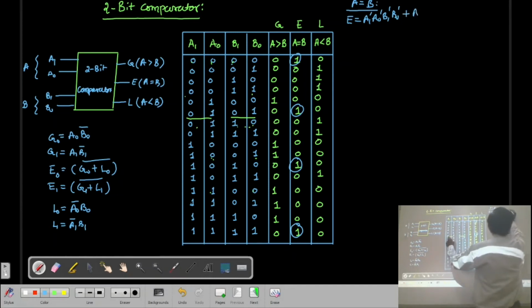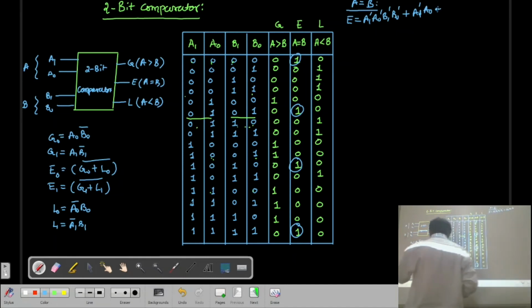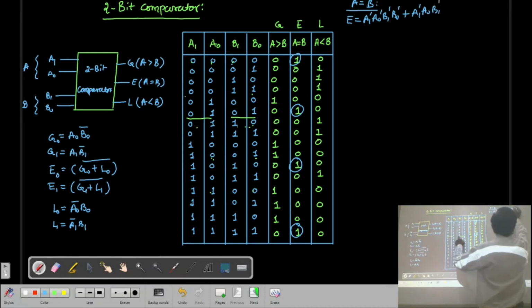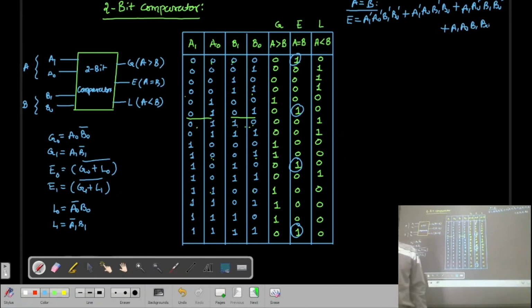The next one will be A1 dash, A0, B1 dash, B0, plus, now the third high level is here, so it is A1, A0 dash, B1, B0 dash, and the fourth one will be A1, A0, B1, B0. This is the expression for the equality.